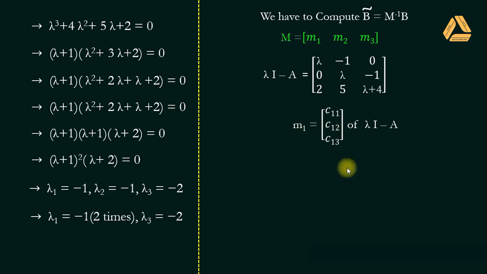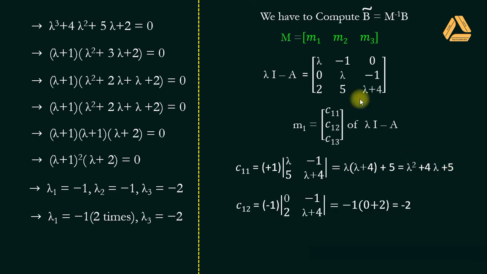M1 is given by the vector C11, C12, C13, where these are the cofactors of the first row of this matrix. By solving this, you will get C11, the first element, given by plus 1 into lambda minus 1, 5 lambda plus 4. On solving this, you will get an equation here. The next cofactor C12 is given by minus 1 into, because it is in the second place, right?